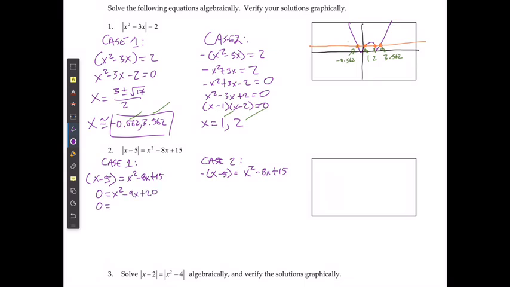I can factor this and get x minus 4 and x minus 5, which means that x would equal theoretically either 4 or 5.